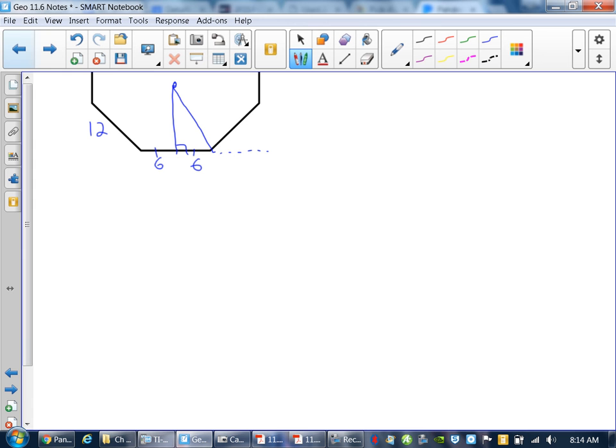So you have 8 sides, which means you have 8 exterior angles. You start on the outside and work your way in. 360 divided by 8 is 45. And like I said, the only thing that's changing here is the number of sides.